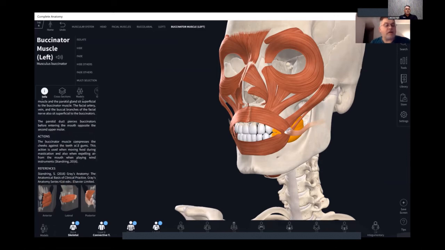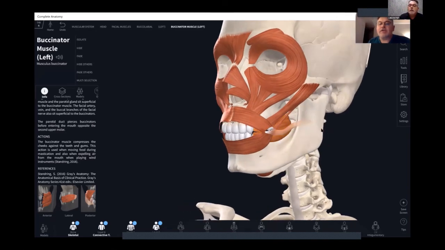Okay, so the buccinator, here's a good reference, compresses the cheeks against the teeth and gum. This action is used when moving food during mastication, also when expelling air from the mouth when playing a wind instrument. So it gives our mouth, our cheek, part of our embouchure, and we get our tightening of the lateral part of the cheeks through the buccinator.